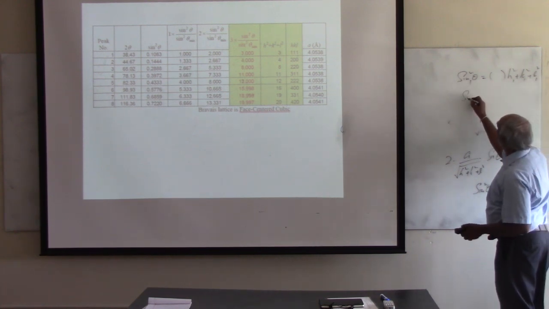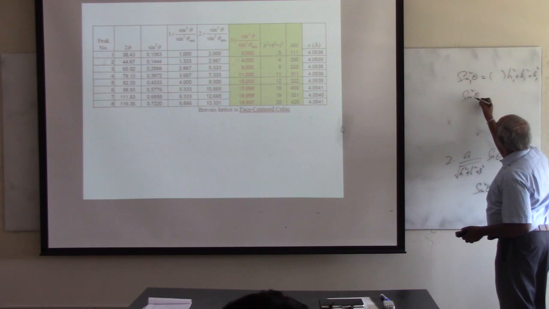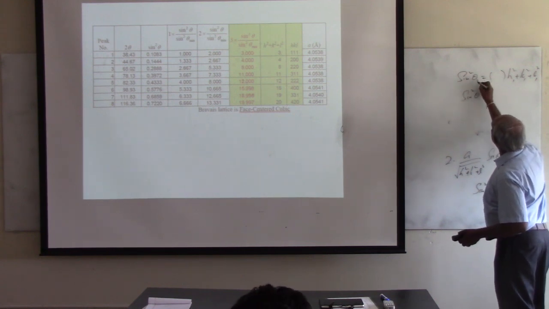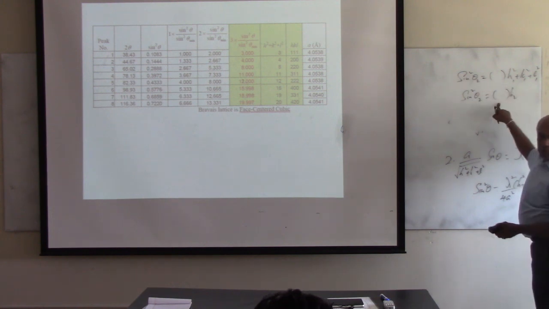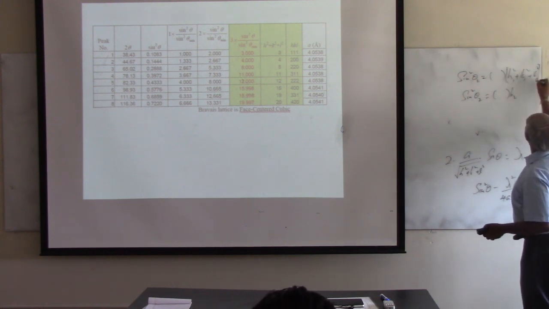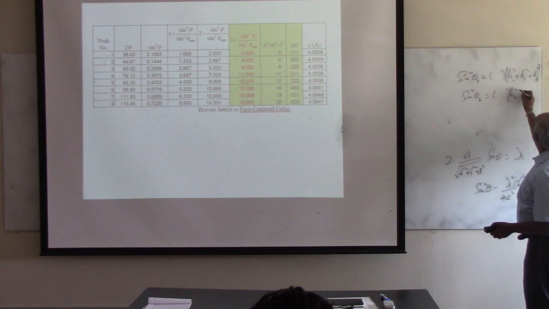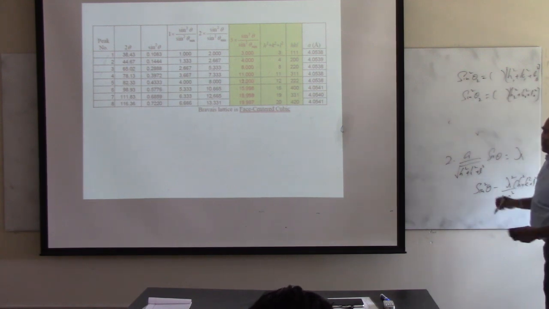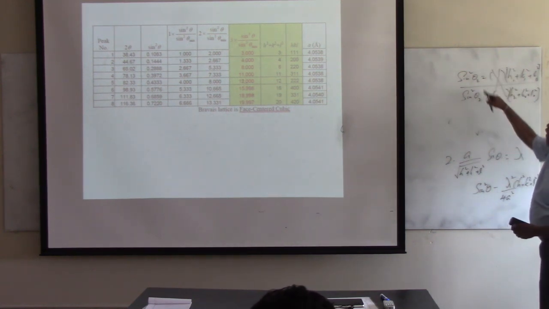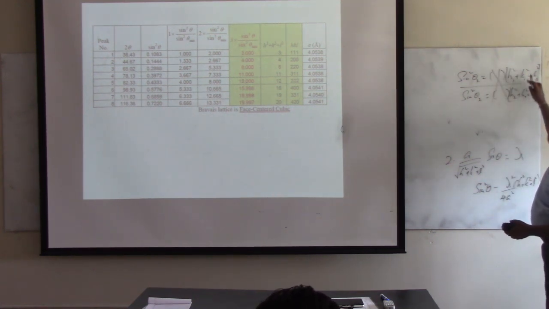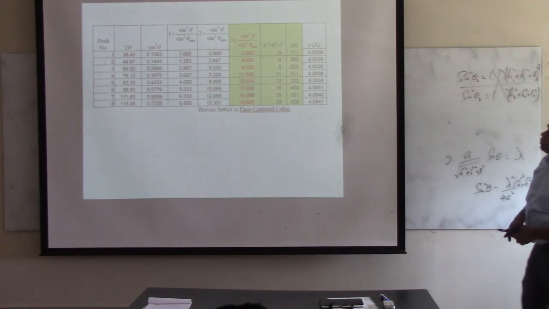If you take sine squared theta 2, that corresponds to the same constant times h2 squared plus k2 squared plus l2 squared, right? If you divide these two, this constant cancels, and what you get is the comparison of these two. So that's what we are going to do here.